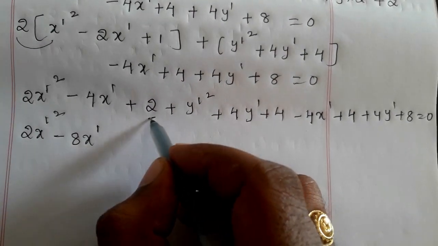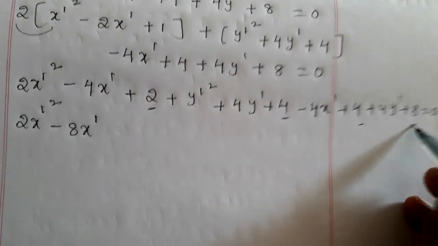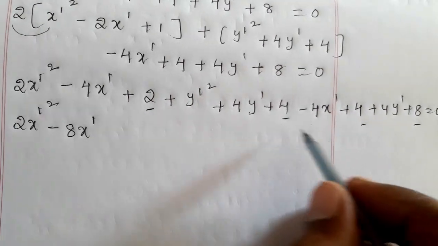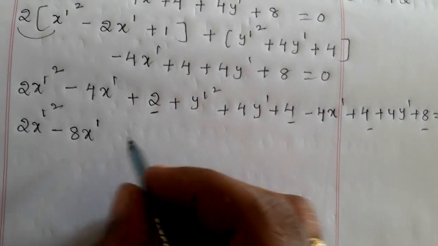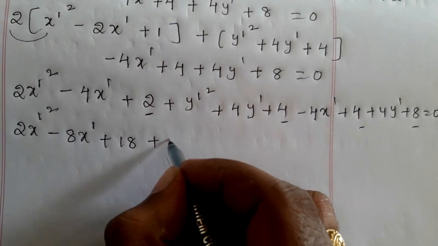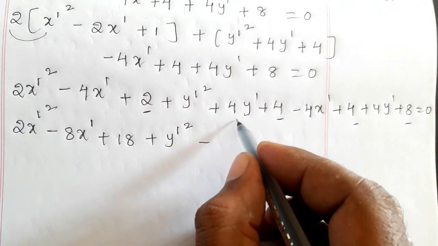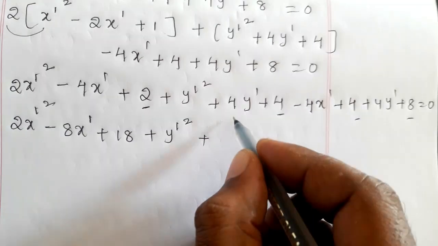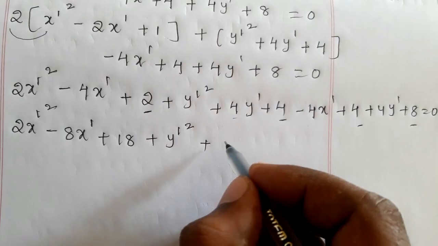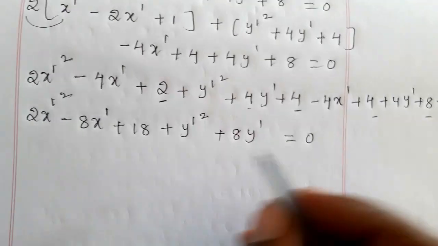See the constant terms: 2, 4, 4, 8, all are positive. 2 plus 4 is 6, 6 plus 4 is 10, 10 plus 8 is 18. y'² only 1 is there, write it as it is. Next, 4 times y' here and 4 times y' here, together 8 times y'. That is equal to 0.